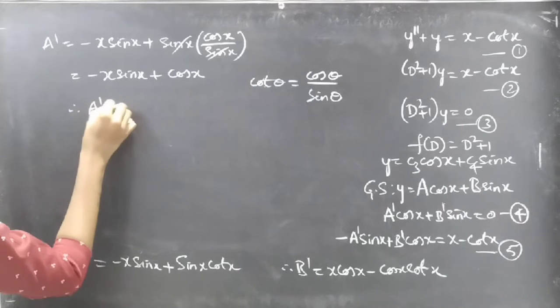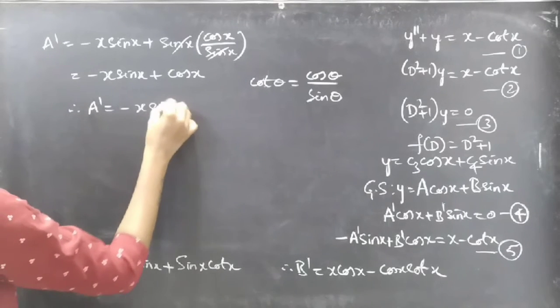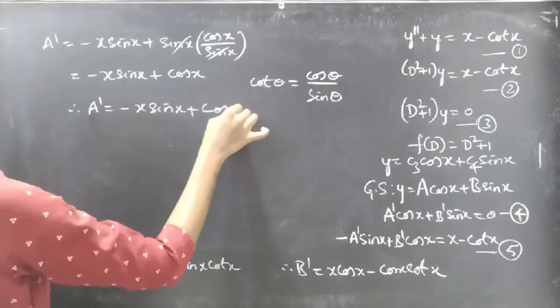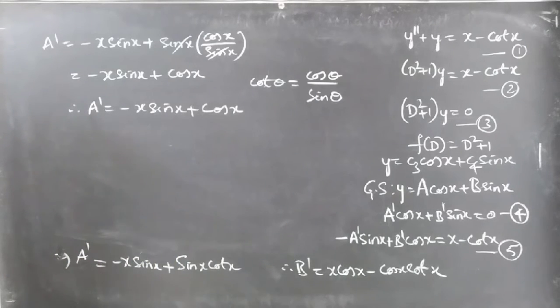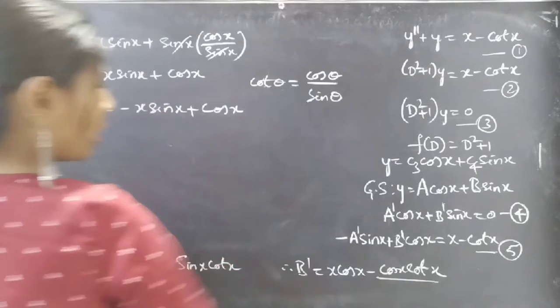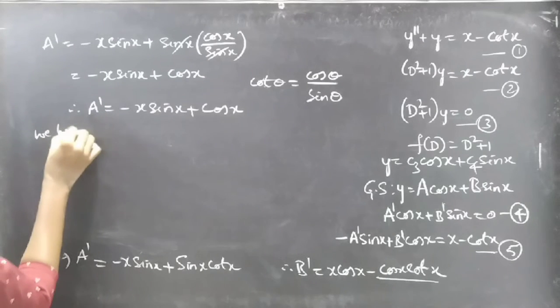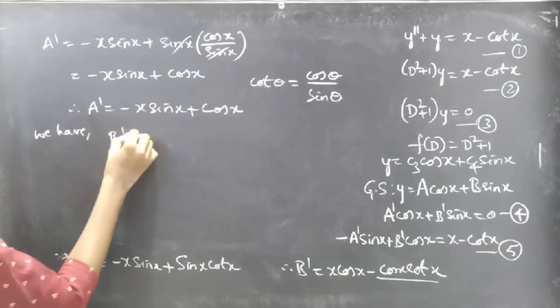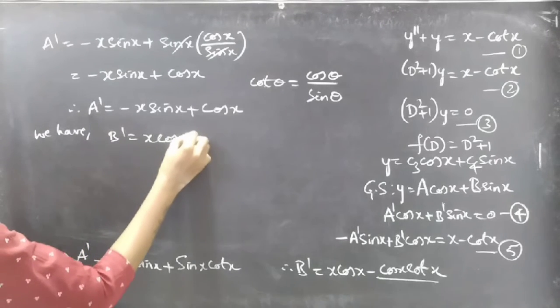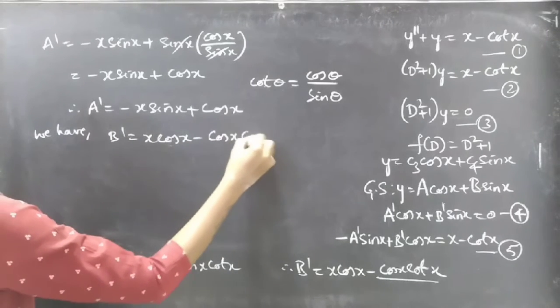Therefore, a dash equals minus x sin x plus cos x. Right? Likewise, in b dash we have cos x into cot x. We have b dash equals x cos x minus cos x into cot x.